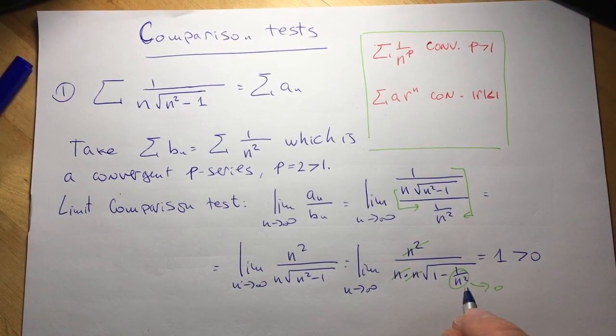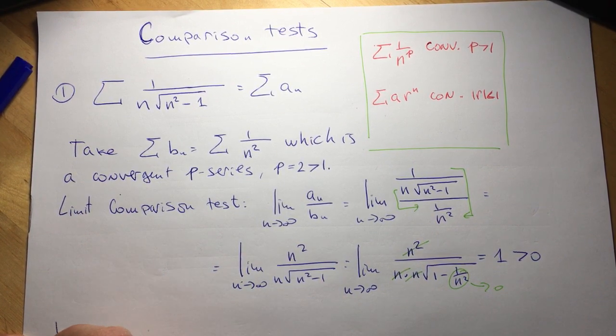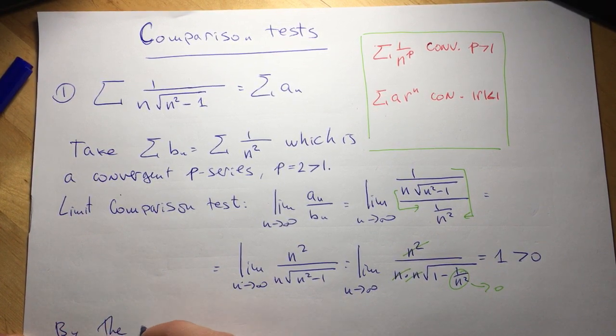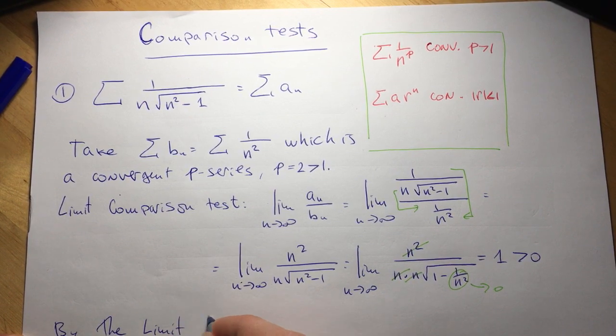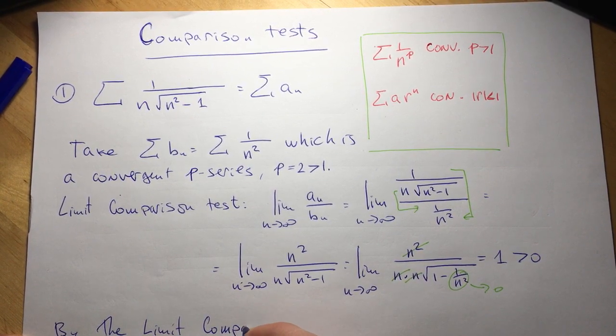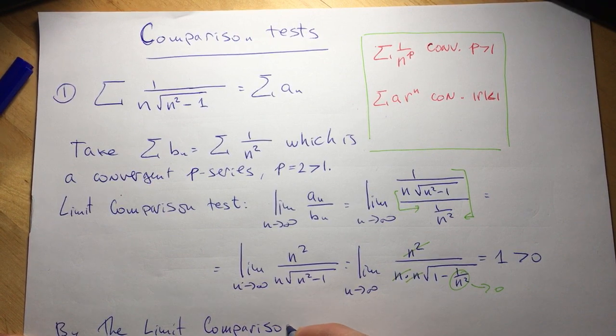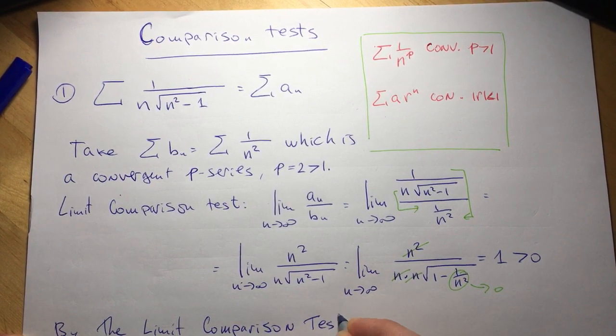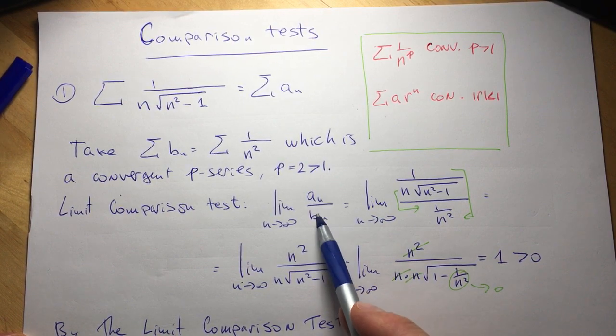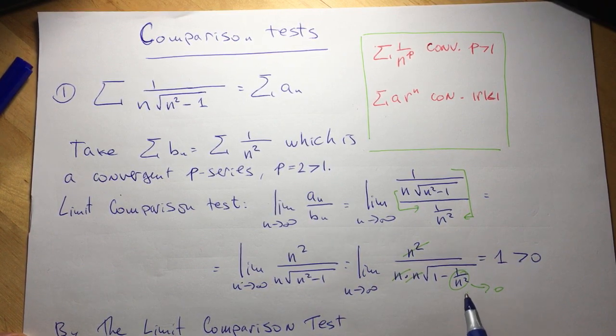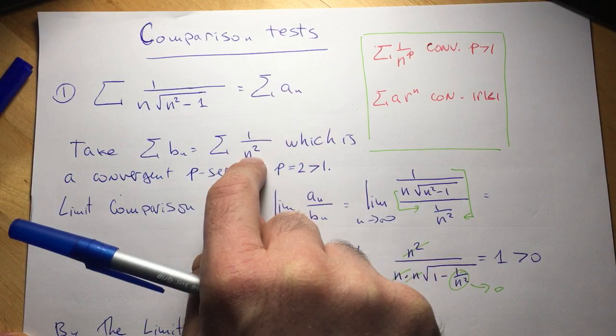By the limit comparison test, if the limit of a_n over b_n is a constant greater than 0, then both series behave the same.